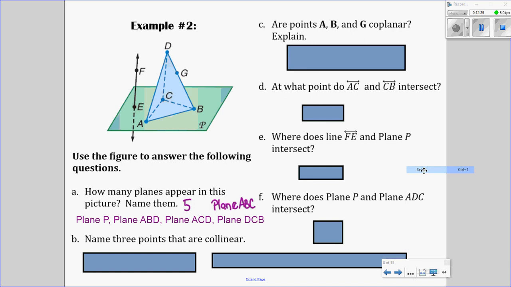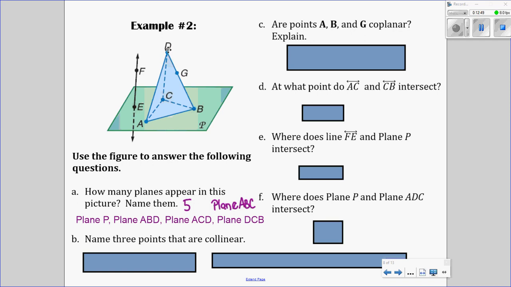Alright, the next question is name 3 points that are collinear. If you go back, collinear means all the points are on the same line. So let's look for a line. We have this line, but it only has 2 points. This has 2, 2. Notice that G is on line BD.